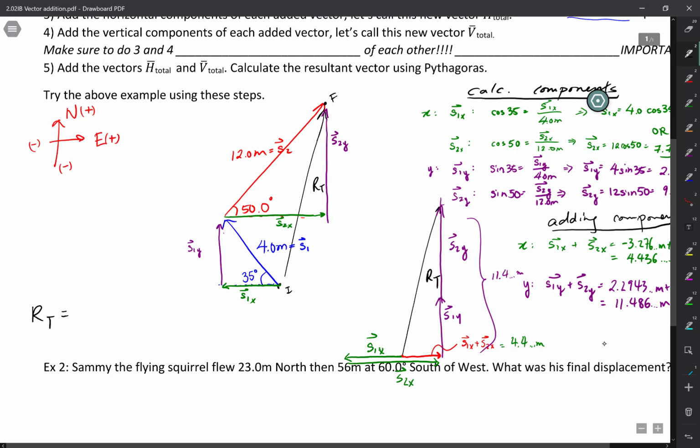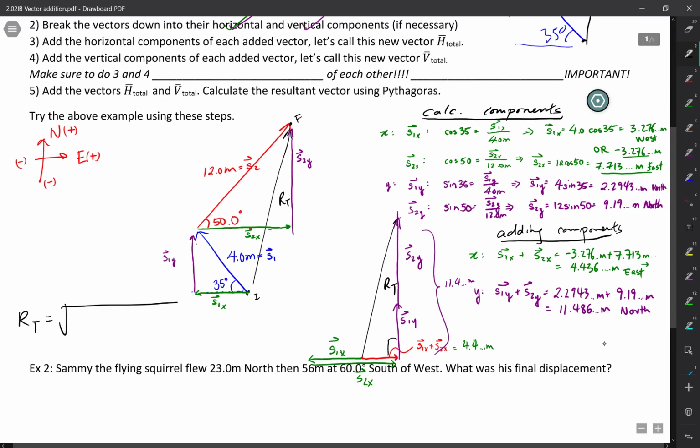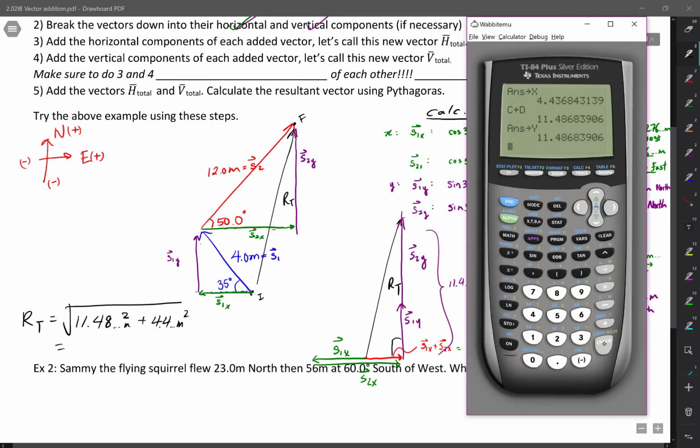Let's start with RT. This is equal to, using Pythagoras, the square root of my total y, which is 11.48 dot dot dot squared meters squared, plus my horizontal, which is 4.4 dot dot dot meters squared. I take the square root of the sum of these two squares.